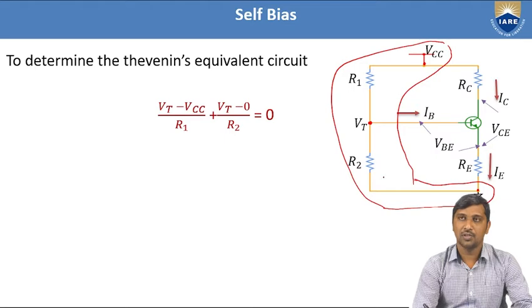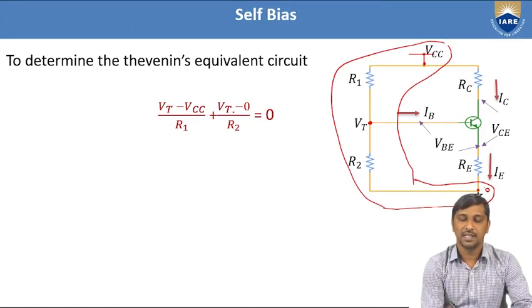Now we need to find out how much voltage drop it generates here. This node is represented as Vt, and we know that the lower potential node is represented as 0. Hence, the potential difference from this node to this node is Vt minus 0, along with the biasing resistance R2.